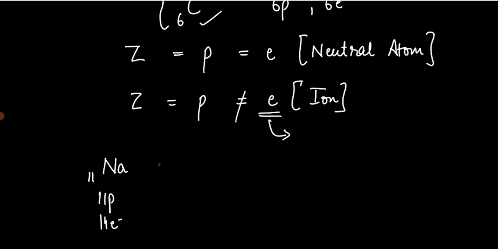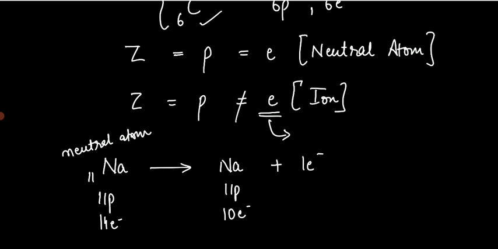Now, what if one electron is donated, and it changes into 11 protons, 10 electrons? There's a second story to this also, that is electronic configuration. I'll come back to that part in a couple of minutes. So the point over here is that this was a neutral atom, sodium.